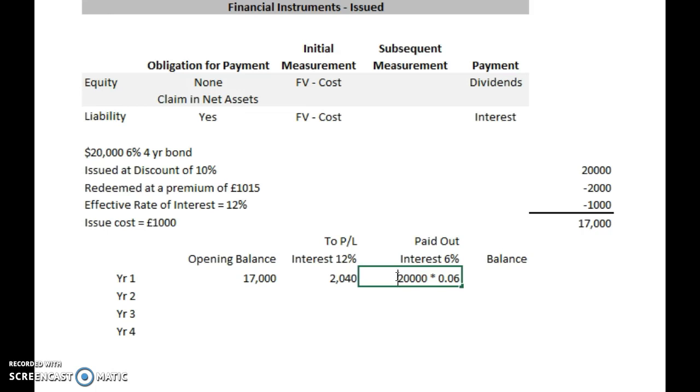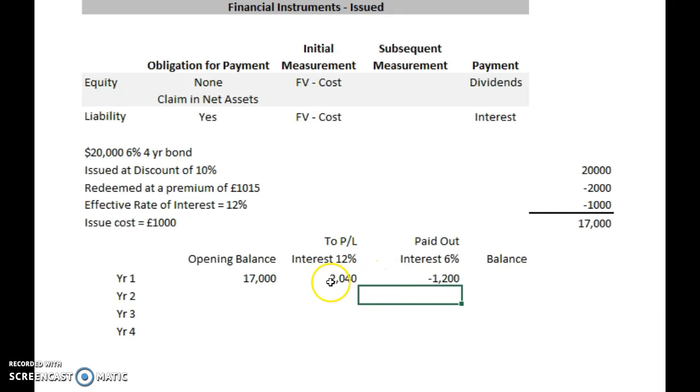Now, let's have a look at this. The opening balance to the account was 17,000. There's interest added to that because we've taken a year to pay it back. So obviously this is going to increase this balance. But at the same time we've paid some money back, so this is going to decrease this balance. So we'll make this amount negative. We've paid back 1,200. The interest is 2,040.